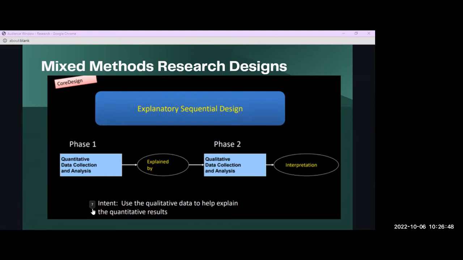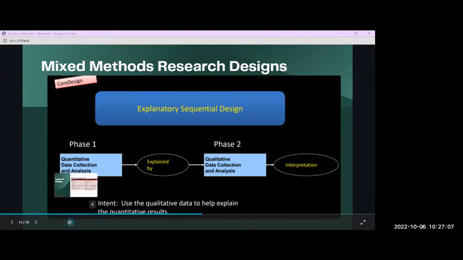So that's the purpose of explanatory sequential design. The qualitative phase can give further explanation from the results of the quantitative phase. So that's explanatory sequential design. Okay.